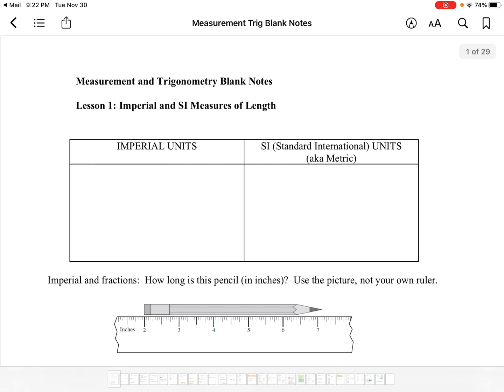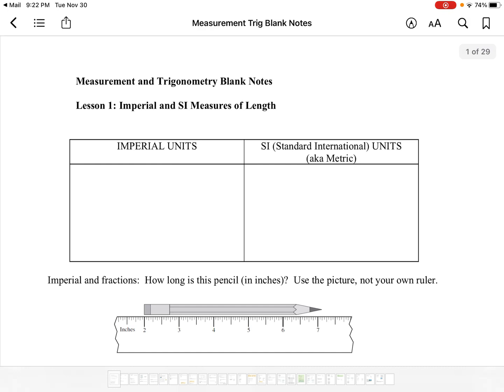One of them is the Imperial System, and the other one is the SI system. It stands for Standard International. I think it's French. In fact, I know it's French. I'm not going to try and do better with that pronunciation. But most people know this system as the metric system.